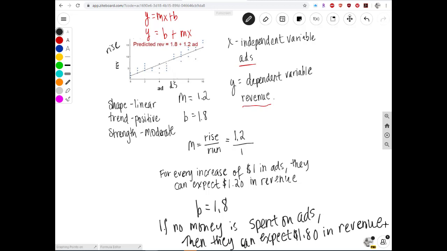Right? So spending no money, you're at $1.80 revenue, and for every dollar that you spend, it increases by $1.20.